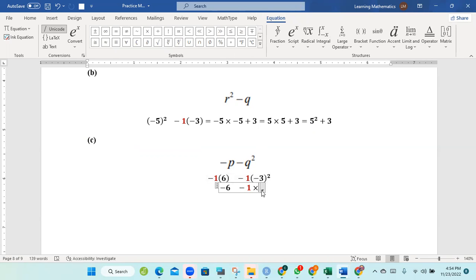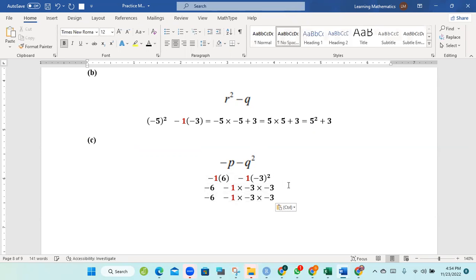That's -3 times -3. -3 squared is -3 times -3. Now remember we said a negative times a negative is a positive. So -3 times -3 is the same as saying 3 times 3. -3 times -3 is 9. 3 times 3 is 9.